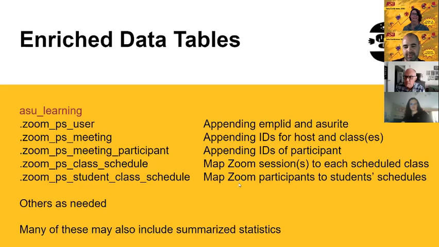And then I have a little note down here, summarize statistics. So just like I mentioned, creating a student level table. Well, even within that meeting participant table, for instance, we can do something like what percent of those meeting participants were matched to students in that specific class, right?